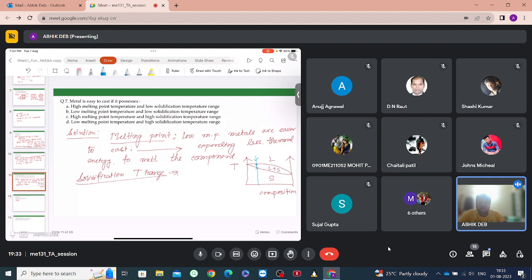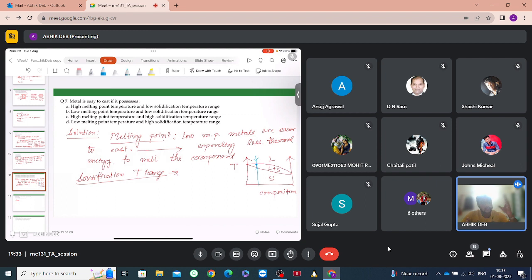Suppose we are taking an alloy of nickel and chromium. Whatever fraction of nickel is soluble in chromium in the liquid phase will be lesser in the solid phase.